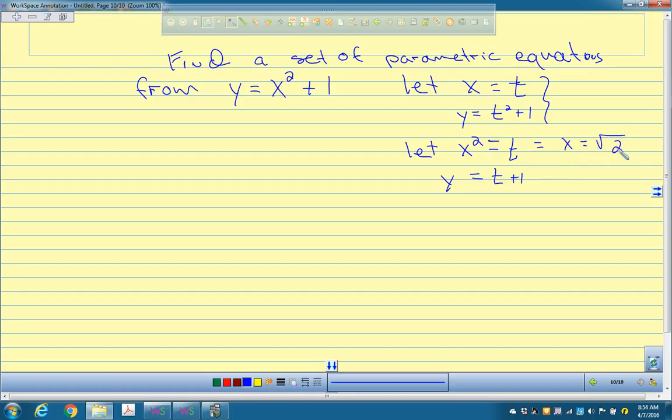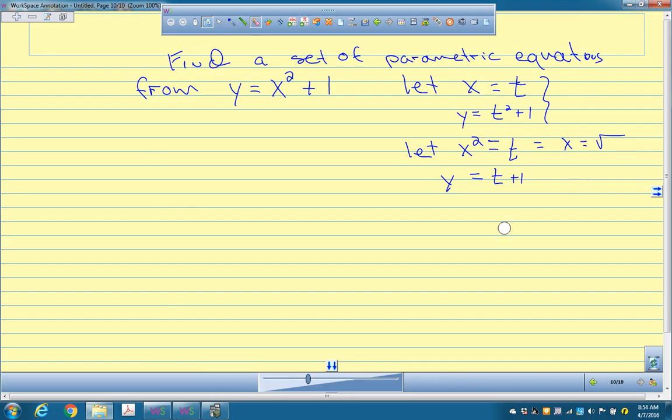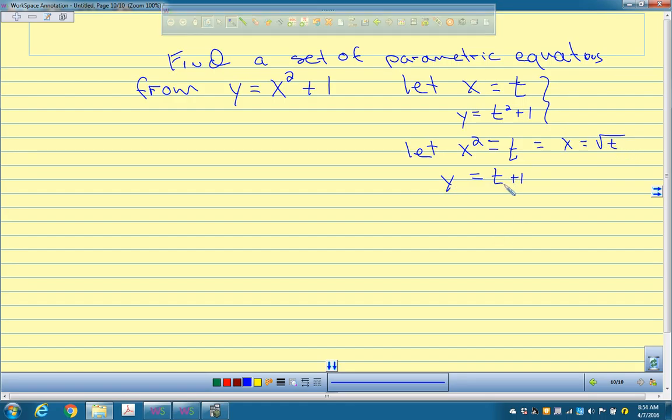So I could let x be the square root of t. If x is the square root of t, then y is t plus 1. So that's another set of parametric equations, this one and this one.